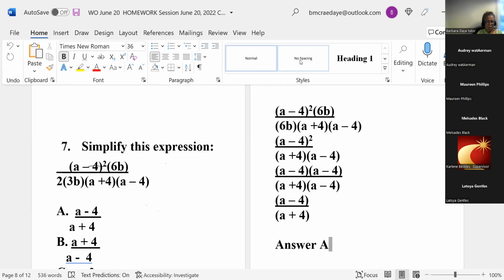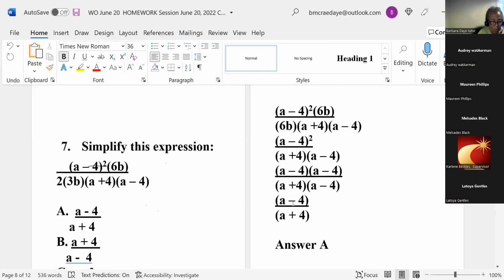You saw the 6b's were common, right? In the numerator and denominator. The 2 times the 3b is a 6b. So 6b over 6b is 1. So we could take those out. And then when you square it, it's just the expression by itself. So a minus 4 to the second is a minus 4 times a minus 4. Then you look at numerator and denominator, you see common terms, a minus 4 and a minus 4.